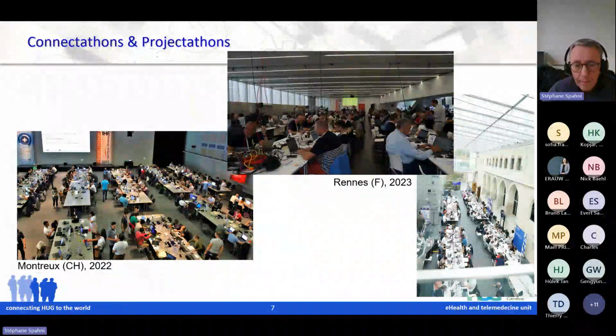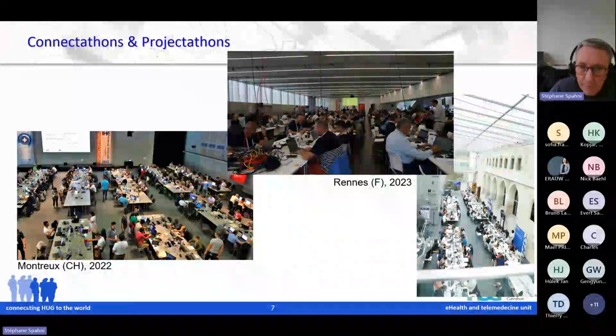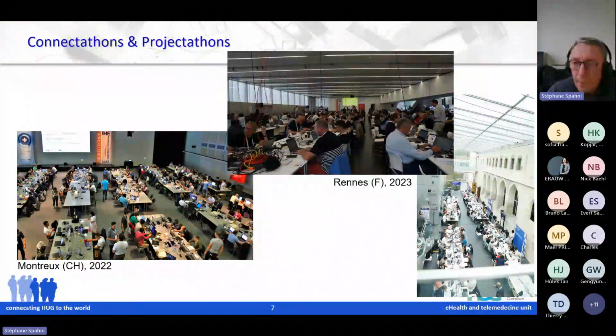So it's basically the same kind of events. You have the different developers, the different systems that are coming, and which will do a certain number of tests together against each other, using the same kind of tools.